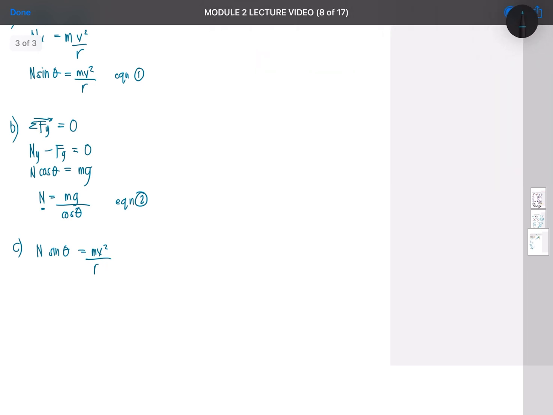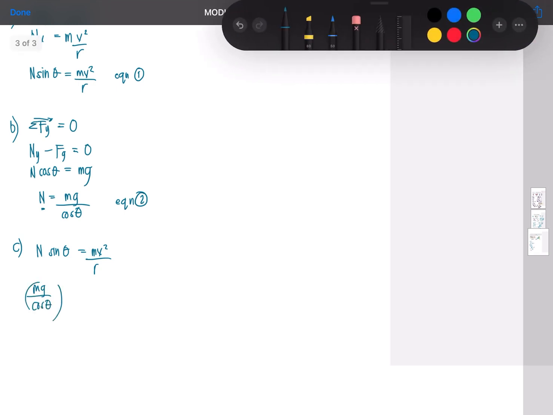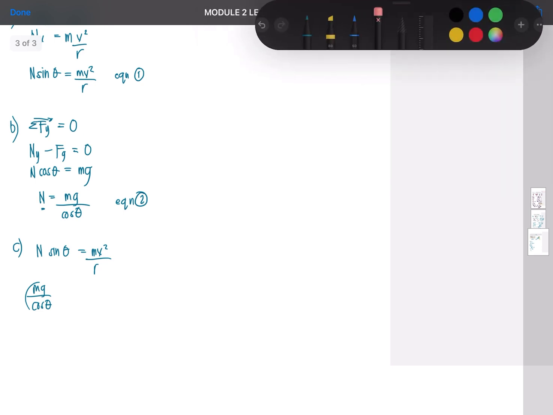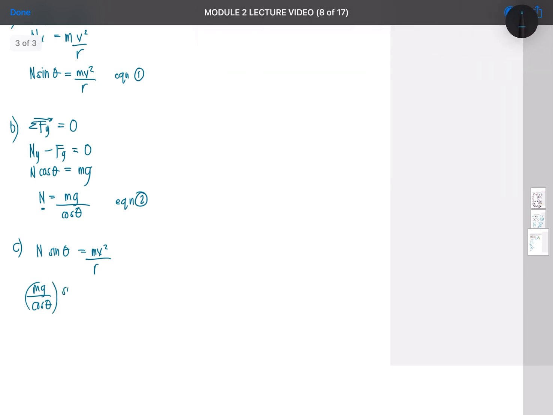Okay, substitute na natin. And so mg over cosine theta times sine theta is equal to mv squared all over r.